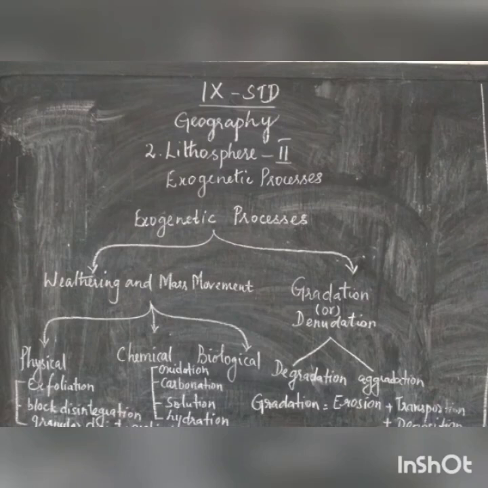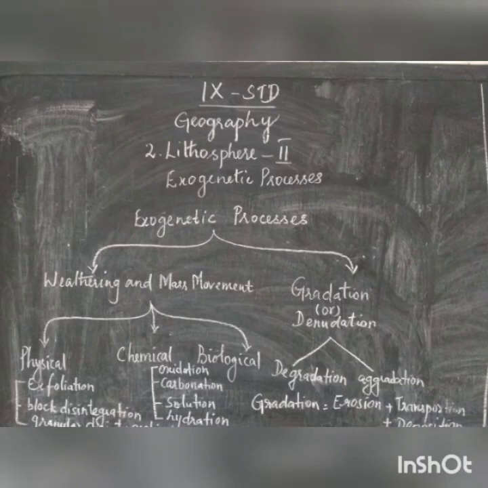Weathering is the breaking, disintegration and decomposition of materials of the earth's crust by their exposure to the atmosphere. Let us see the types of weathering. Number 1, physical weathering. Number 2, chemical weathering. Number 3, biological weathering. Physical weathering is the breakdown of rocks without changing their chemical composition through the action of physical forces.